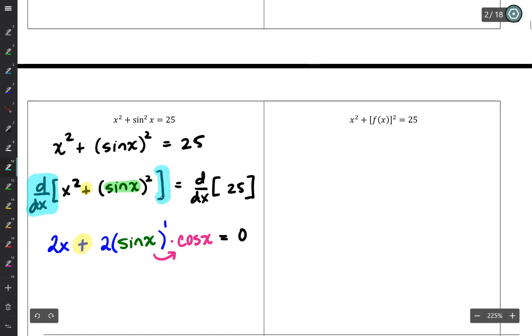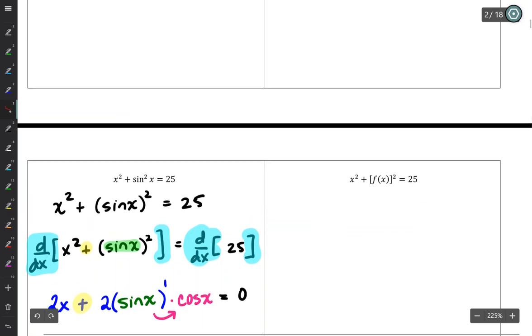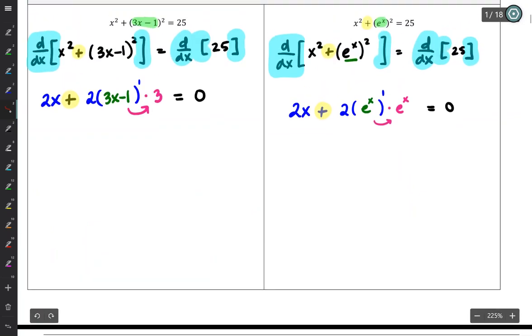Okay, so again, I'm differentiating term by term, and on this piece, it's 2 times the inside function, chain rule, times the derivative of the inside function.